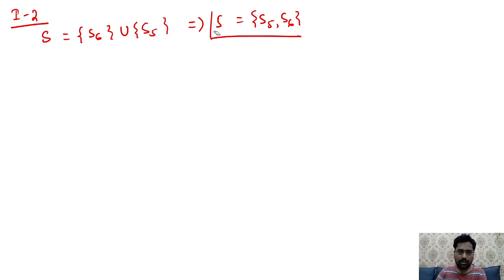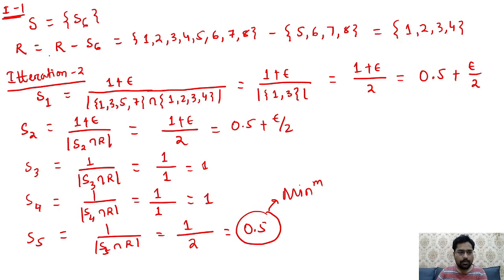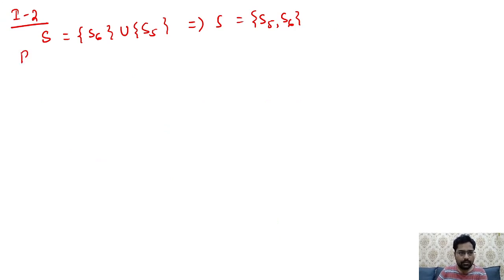Next, the R value was previously 1, 2, 3 and 4. Now it is getting deducted by 3 and 4, so the left value is 1, 2.